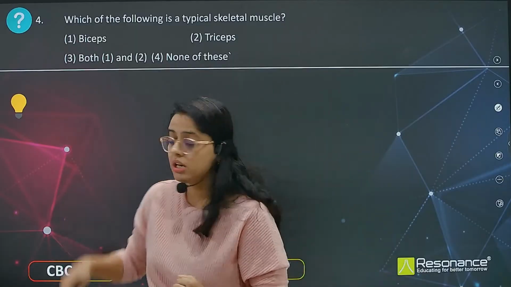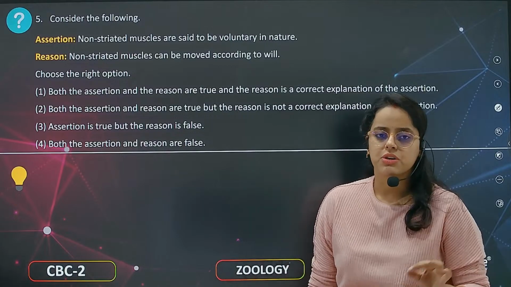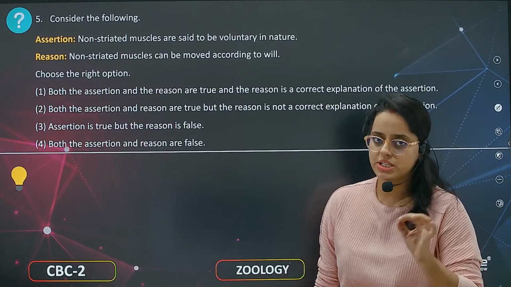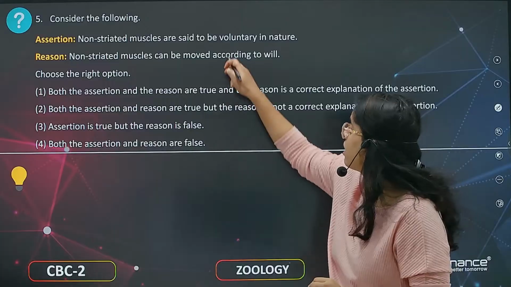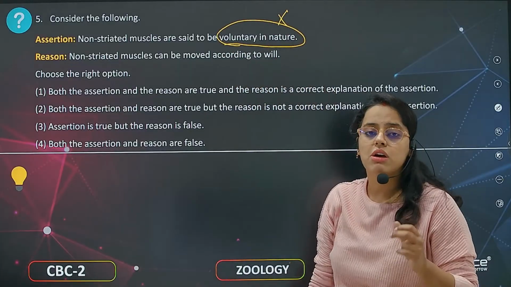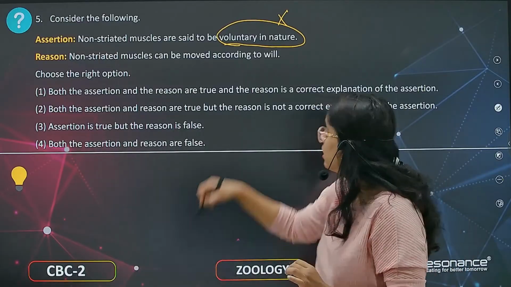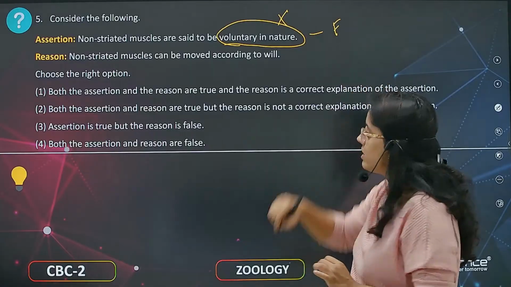Okay. Now coming to the next question. Assertion: non-striated muscles are said to be voluntary in nature. That is a very wrong statement, because non-striation is seen in smooth muscles, and smooth muscles are involuntary in nature. So this is a false statement.